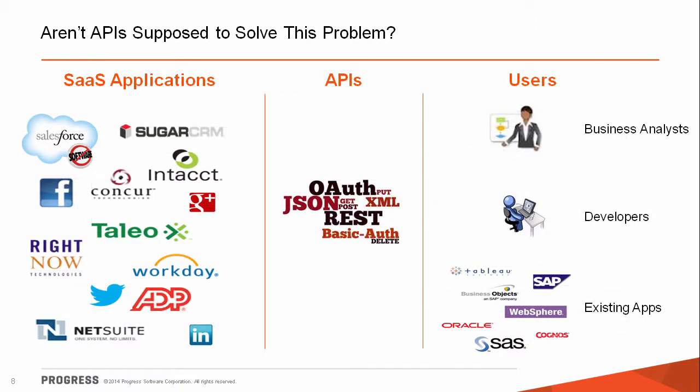When you think about whether APIs are supposed to solve the problem, and when I'm referring to APIs here, I'm very much referring to REST and web service-based APIs, which are the de facto standard of integration today with SaaS applications. Who are they solving that problem for? And the reality is they're designed for developers.